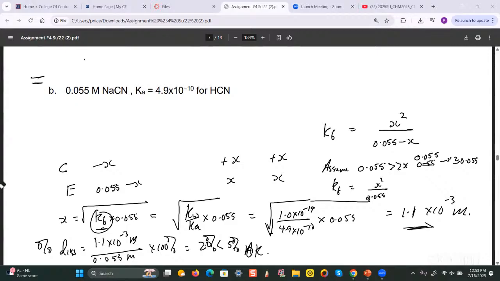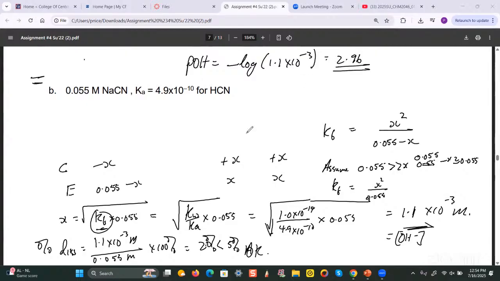But before we do that, we need to find the pOH. So the pOH would be equal to what? Because remember, this is the concentration of OH minus, right? So pOH is equal to minus log of 1.1 times 10 to the minus 3, right? So minus log of 1.1 times 10 to the minus 3. Okay, so I got 2. I have to round this off to 2 decimal places. So that would be 2.96.